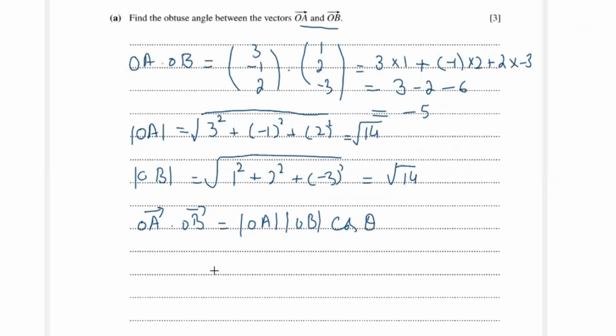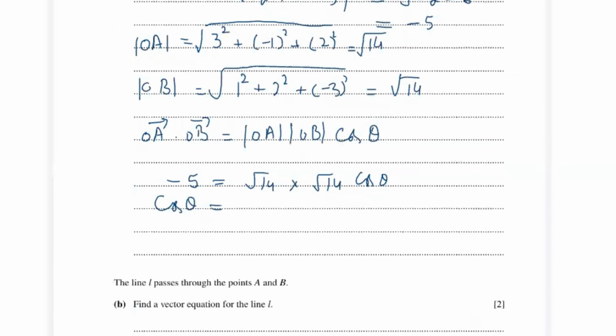We name it the angle theta. Now OA dot OB you see here is minus 5, OA is square root of 14, OB is also square root of 14, and that's cos theta. Now we can write cos theta will be equal to minus 5 over square root 14 times square root 14, which is minus 5 over 14. Therefore theta will be equal to cos inverse of minus 5 over 14.